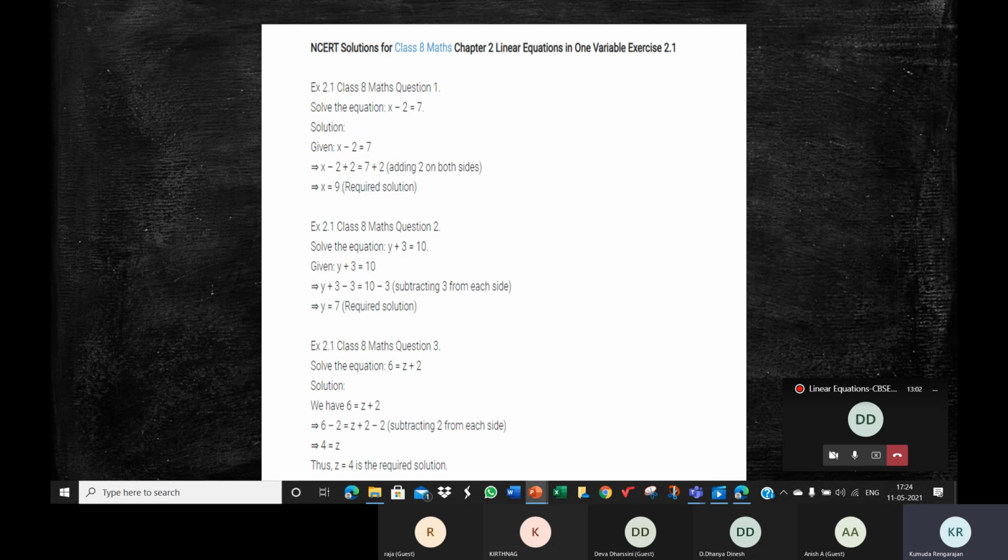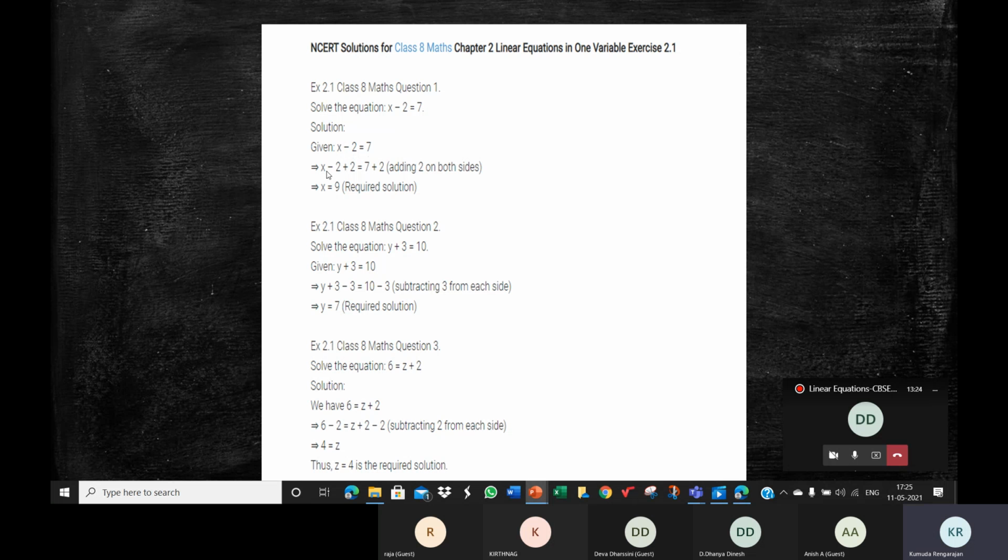The idea is to get rid of all those elements which are with x, because we are solving for x. So x must be alone in the LHS so that you can find its value. Now you want to take away minus 2 from the left hand side.